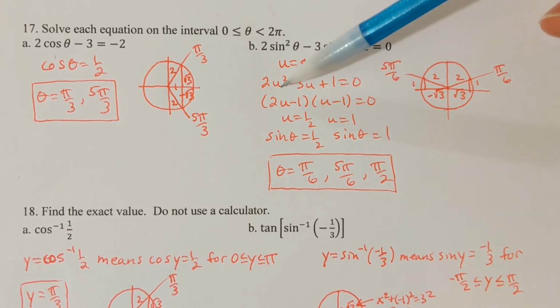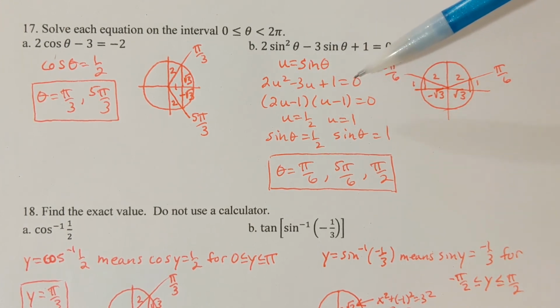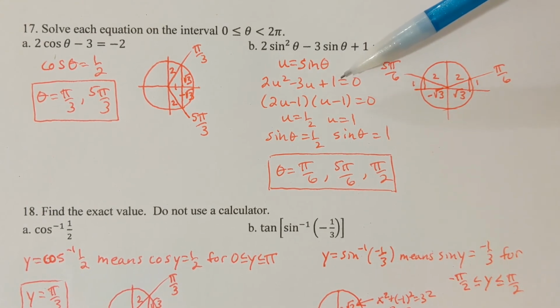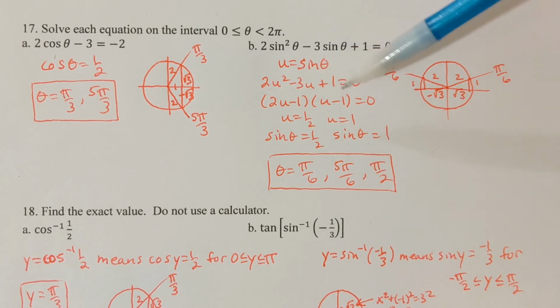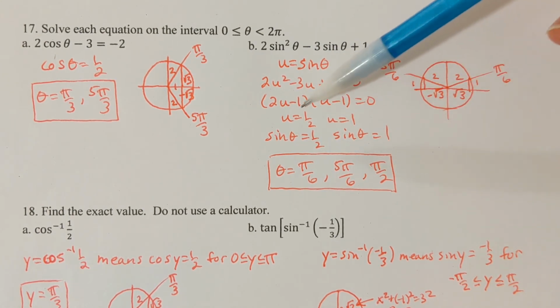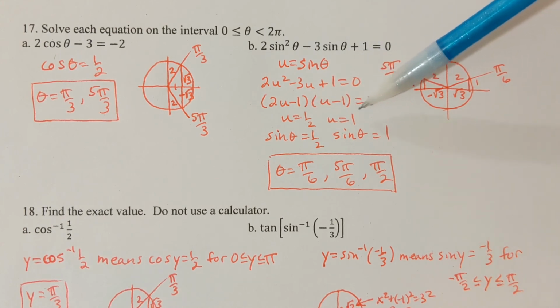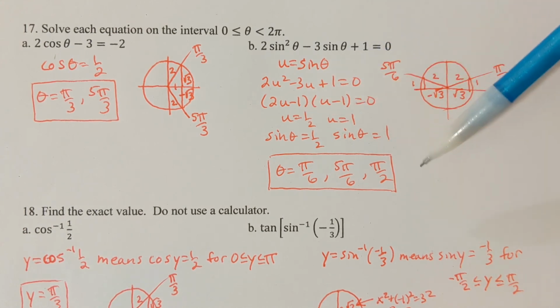Here it is in terms of u. Knowing that I've got a quadratic means the next thing I'd want to do is factor the left. The left side should factor nicely as 2u minus 1 times u minus 1. Set the factors equal to 0 and solve, and you'll get u equals 1/2 or u equals 1.